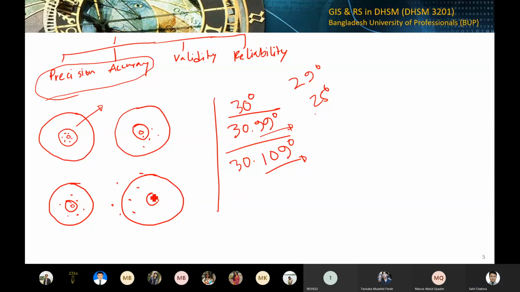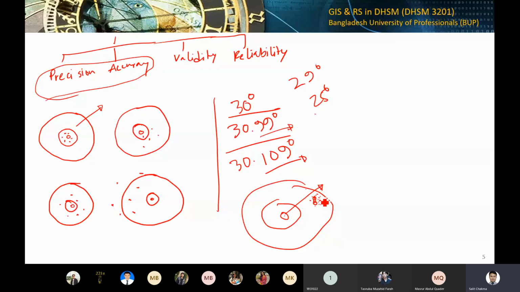That means you start hitting, and then at some point you realize that all your shots are clustered in one region, farther away from the bullseye. So the accuracy is not very high, but all your shots are clustered together. So that means all your shots are quite precise.